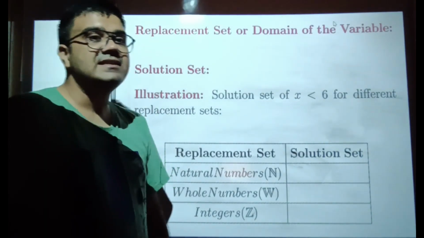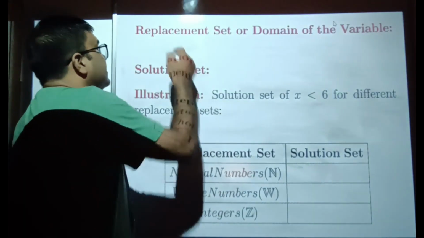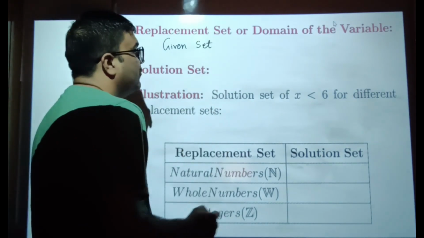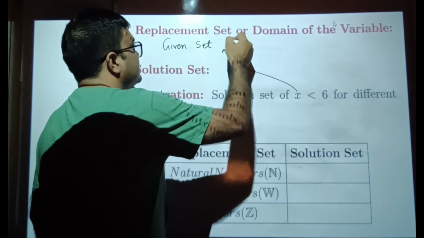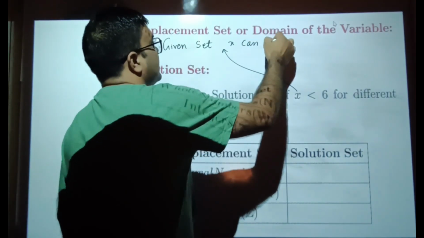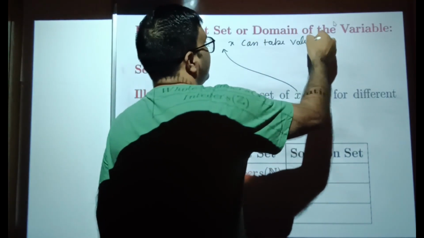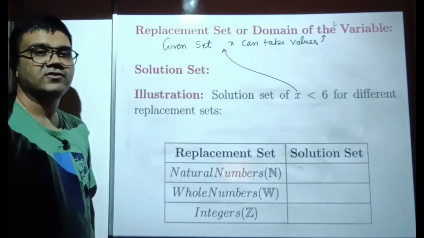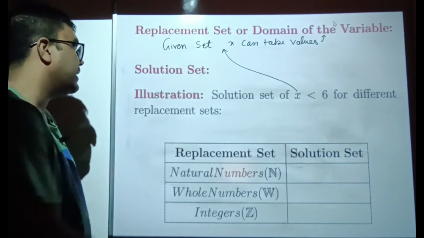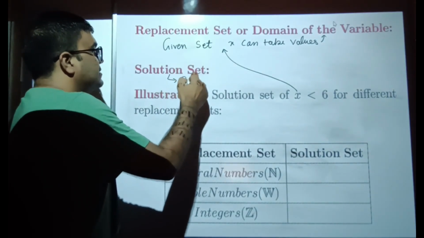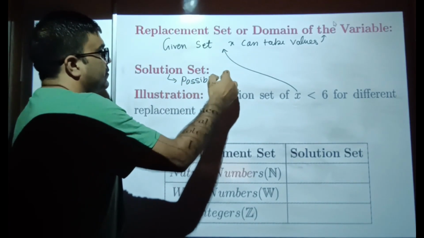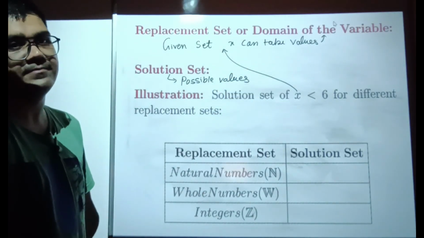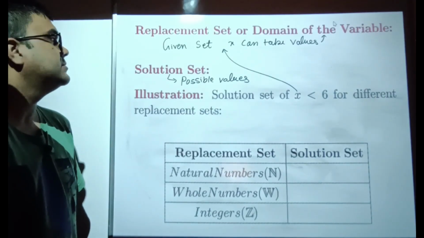The given set from where x can take values is called the domain of the variable, or the replacement set for x. And the possible values for this x are called the solution set.